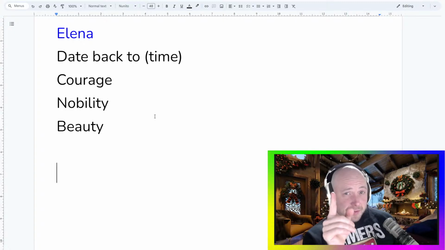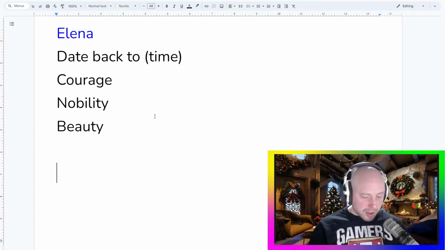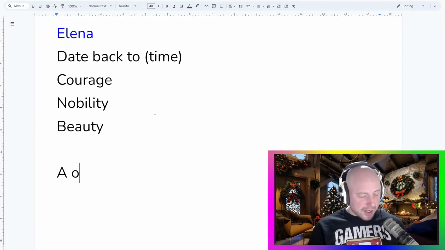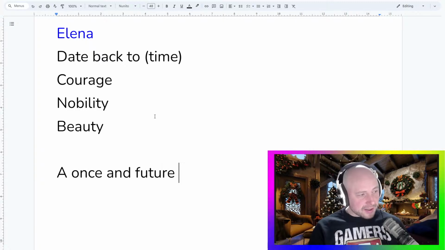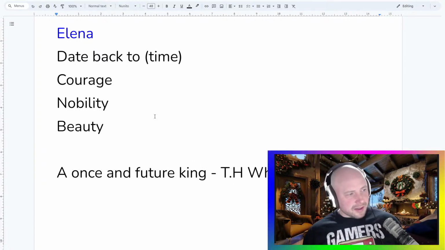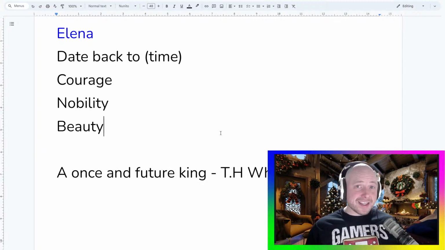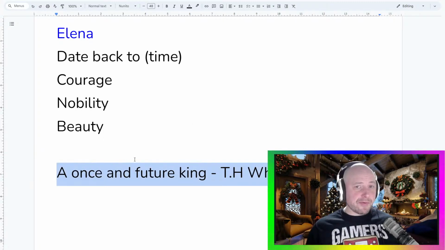Someone recommended a book to me, which I've never read, The Once and Future King by T.H. White, is it? I haven't read that, but I think this is the preferred modern version of the story.